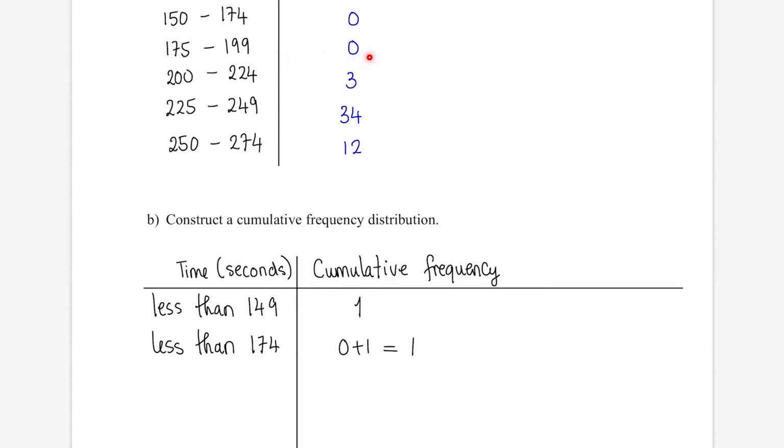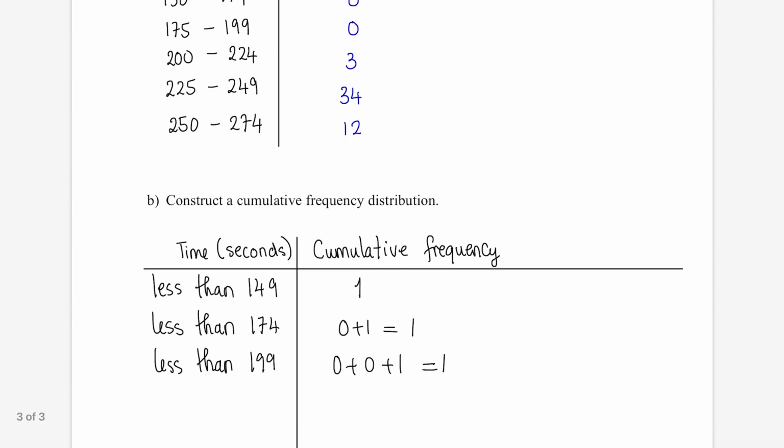Moving on to the third class, we're looking from 125 all the way to 199. So everything less than 199. Moving on to the fourth class, we're looking at everything from 125 to 224. So that is less than 224.